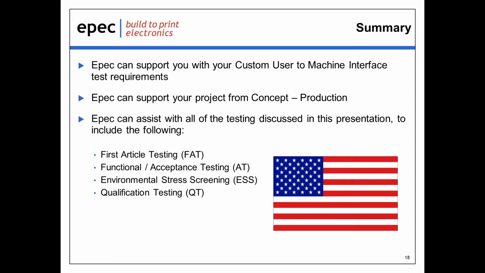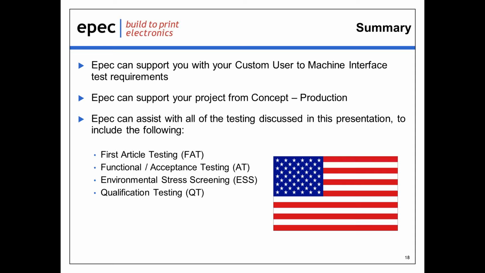So in a quick summary, EPIC can support you in your custom user interface test requirements, again, through many different forms of testing. If there's testing here in these slides that I did not identify, we'd be more than happy to speak with you in regards to that and see if there's some way that we can help you with your product being successful. EPIC can support you in your product from concept all the way through production. We do have design services in-house along with a full manufacturing capability that can assist you with your product line.